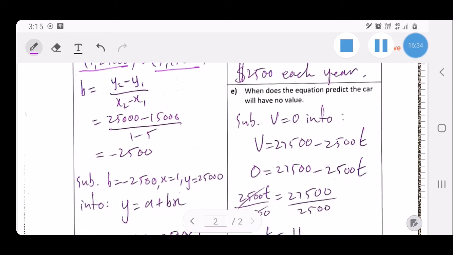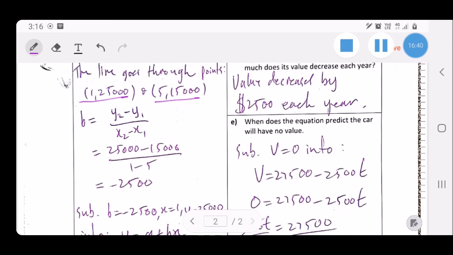All right, so the gradient is y2 minus y1 over x2 minus x1. Doesn't matter what order you do it in. I've done it in that latter order.